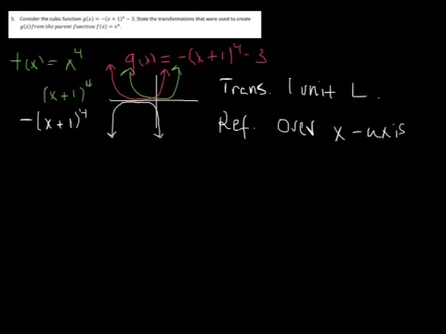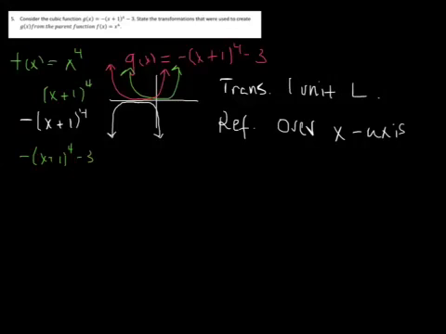The last thing that we have is everything that we've taken to the fourth, we now subtract 3. So our last transformation is going to complete everything. We have negative x plus 1 to the fourth. And we're going to now subtract 3. Well, let's just think about what happens at the root, at -1. Well, I plug in -1, and I'll get -1 plus 1, which is 0, to the fourth power, which is 0.